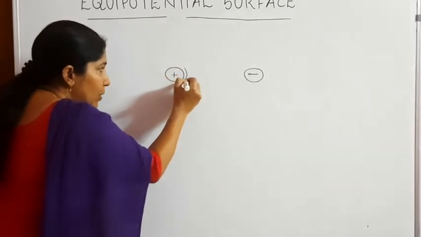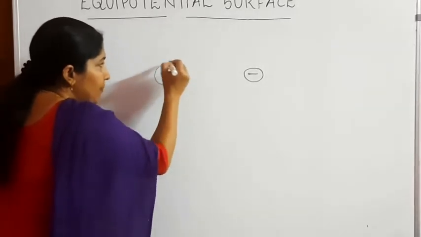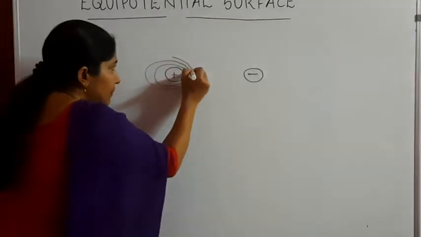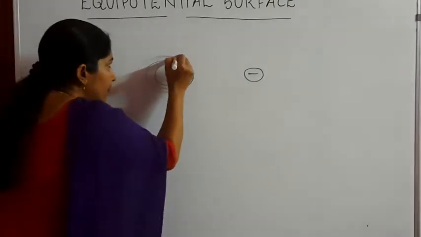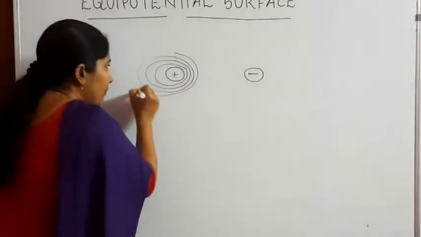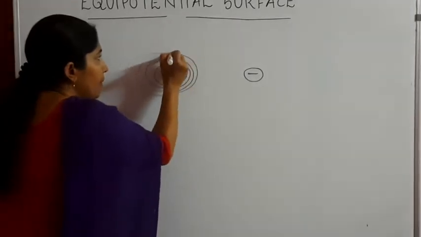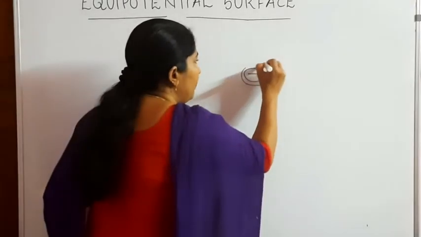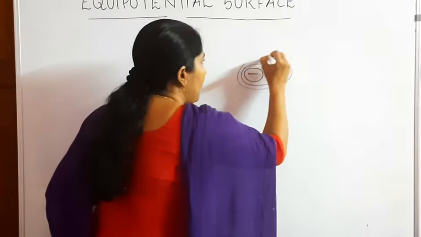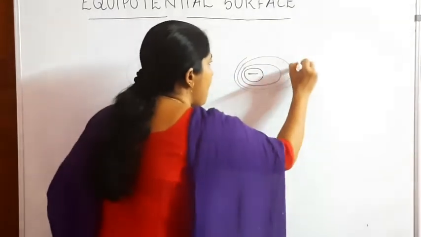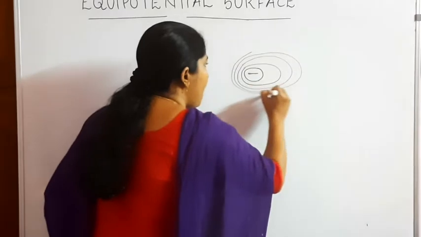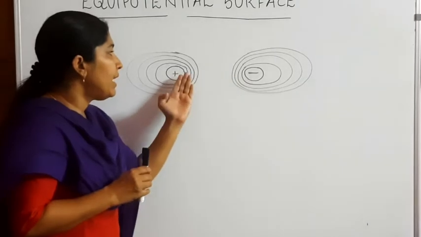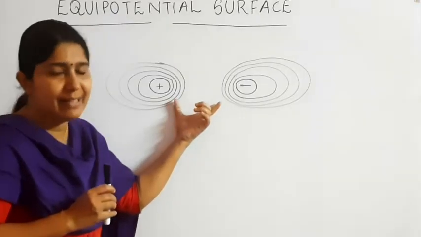See, we can draw the equipotential surface like this. Due to the attractive force, and here also, because of the force of attraction, the equipotential surfaces are just like this.